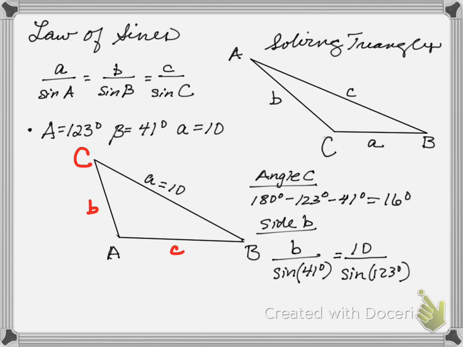And then solving for B, I am going to simply multiply both sides by this sine of 41 degrees in the denominator on the left side, and I'll have an expression that I can key in and find, and I'll write that answer over here.